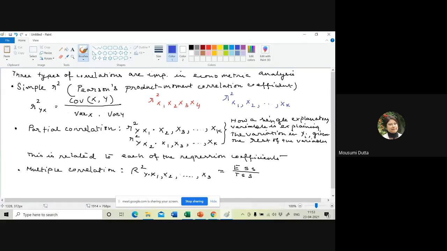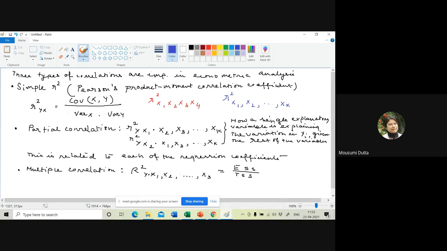However, if we have a series of explanatory variables, logically, we use the concept of simple correlation to check whether there is correlation among the explanatory variables or not. Whereas, when we consider the partial correlation, we consider the explanatory capacity of a single explanatory variable in explaining the variation in y, given the rest.